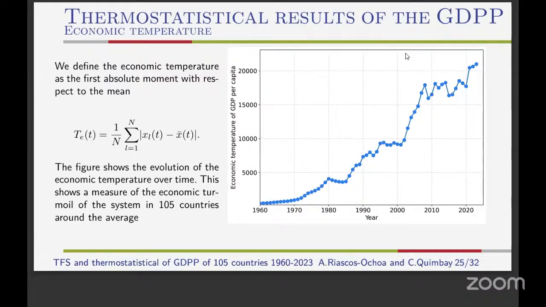Vean que se encuentran las mismas épocas históricas de aumento del 60 al 80, el decaimiento acá, el aumento del 85 al 95, la estabilización entre el 95 hasta el 2001, el crecimiento después del 2001, la fluctuación entre el 2008 y el 2020 y el aumento posterior al COVID.